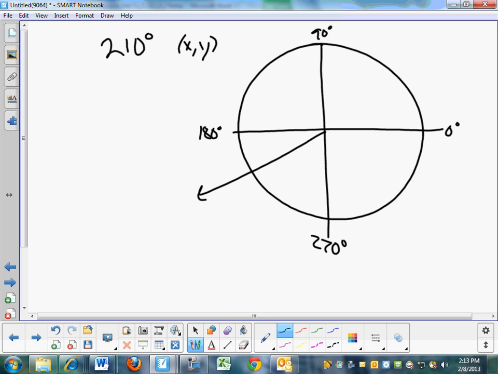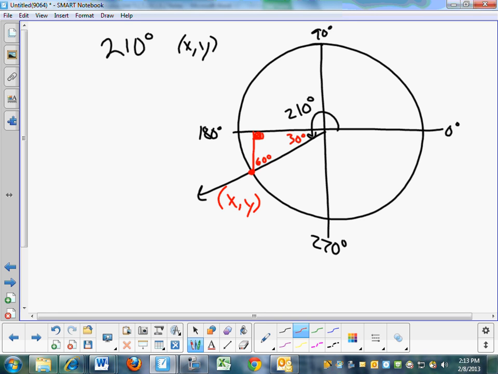So this measure right here is 210 degrees. And so I would be 30 degrees past 180. That will form a 30, 60, 90 triangle. So if I want to find that exact XY coordinate, what I have to do is then solve that triangle.